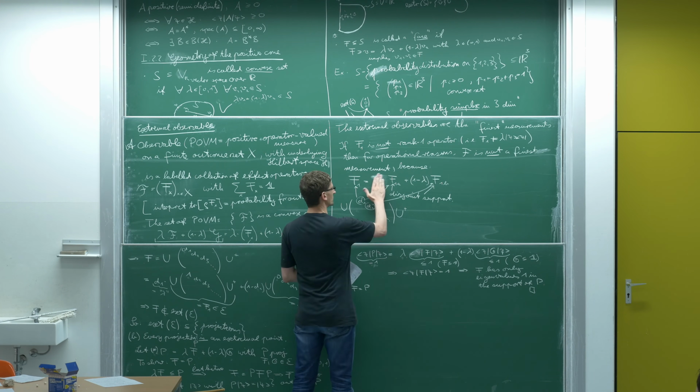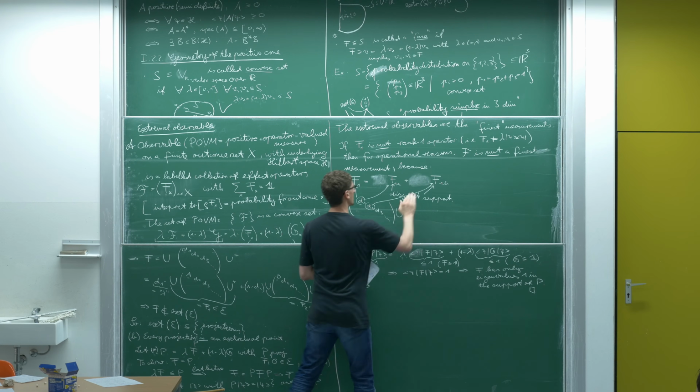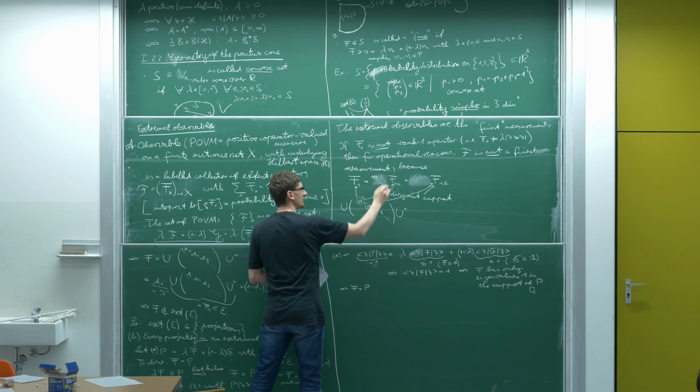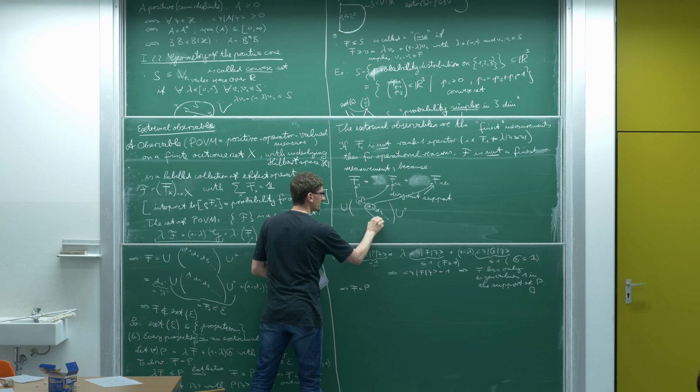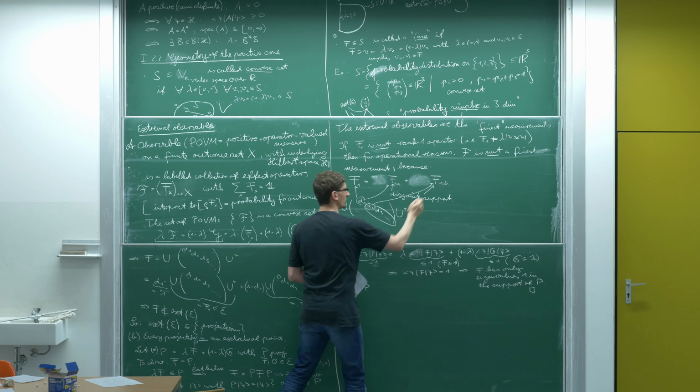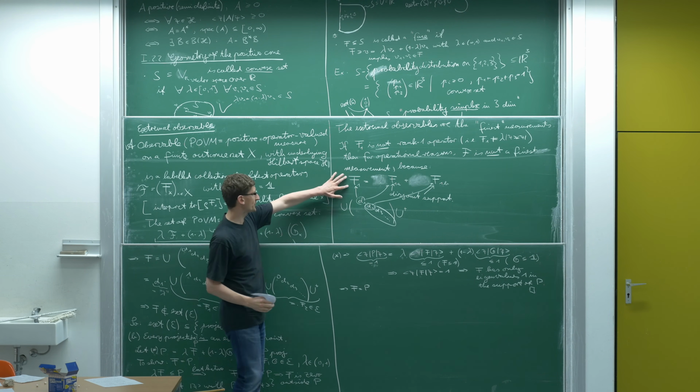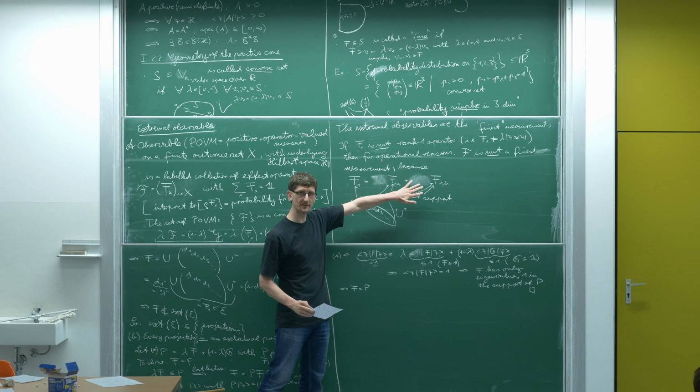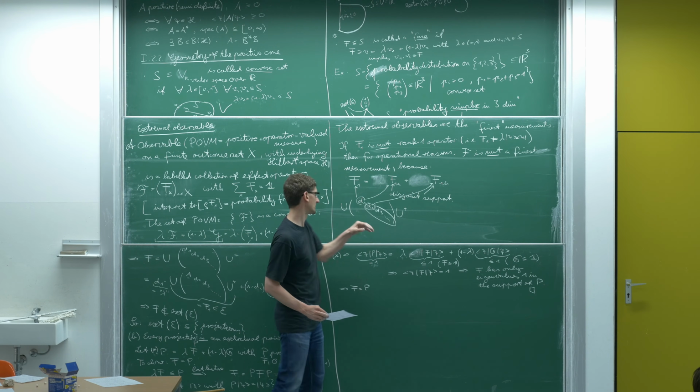Well, actually, even without the lambda. So we take the D1 into this operator and all the others into F1b. So we can write F as a sum of two effect operators, right?